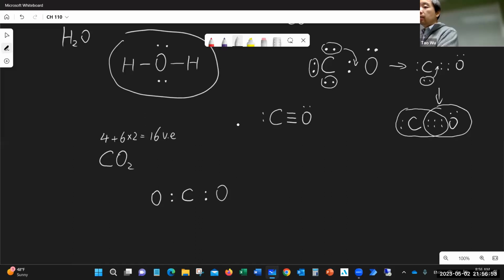Okay, yeah. So now we have 6, 8, 10. Now the oxygen on the left side is already an octet. Now we have 10, 12, 14, and 16. Okay. So now in this case, we already assigned all the 16 valence electrons, and each of the sides is already full.